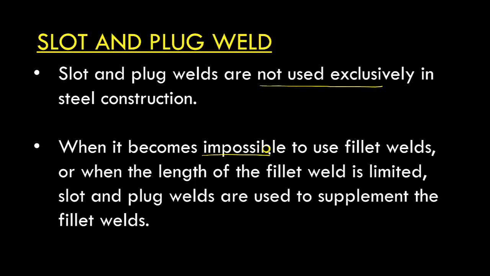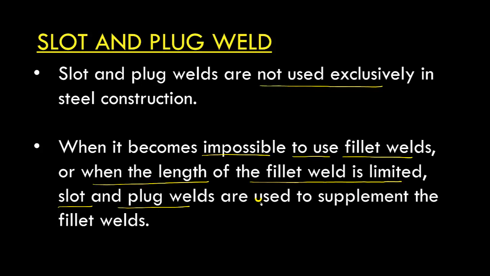So when it becomes impossible to use fillet welds or when the length of the fillet weld is limited, slot and plug welds are used to supplement the fillet welds. So this is not the main weld in that case. We are just using the slot weld and plug weld as a supplement.